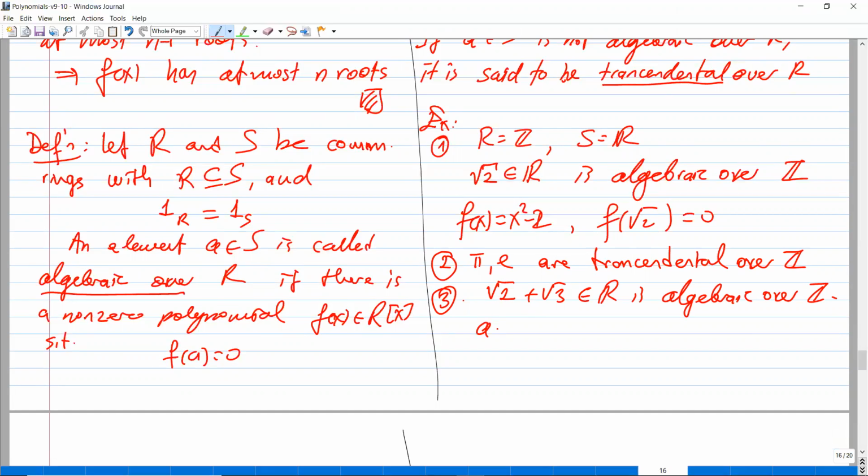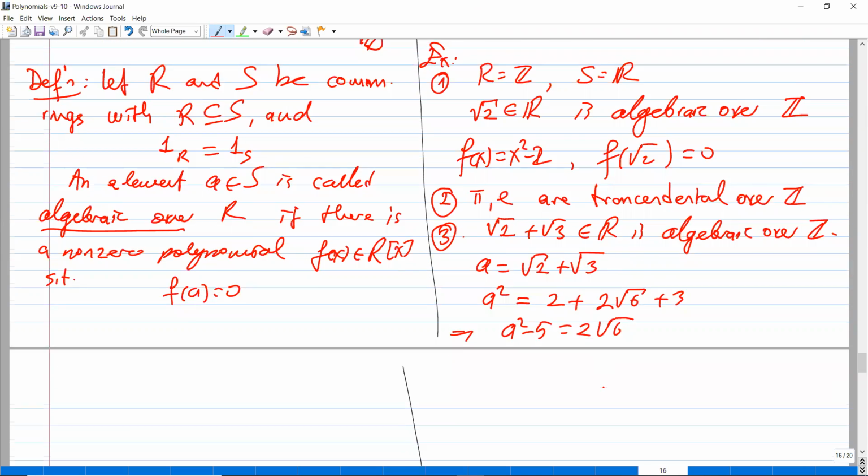For this, I will do it like this. Suppose a is equal to square root of 2 plus square root of 3. Then if you take the square of both sides, it is 2 plus 2 square root of 6 plus 3, or a squared minus 5 is 2 square root of 6.